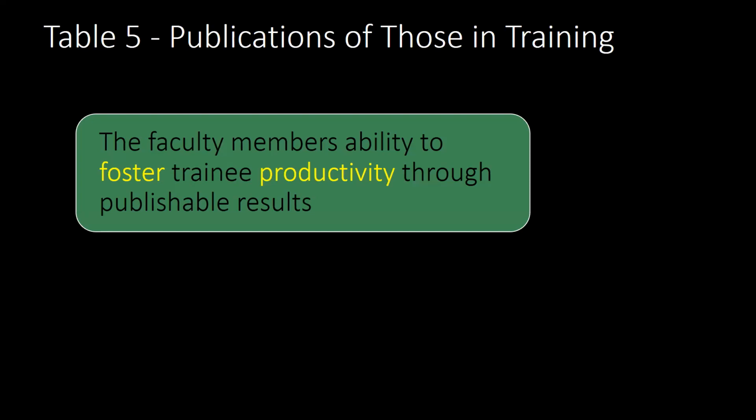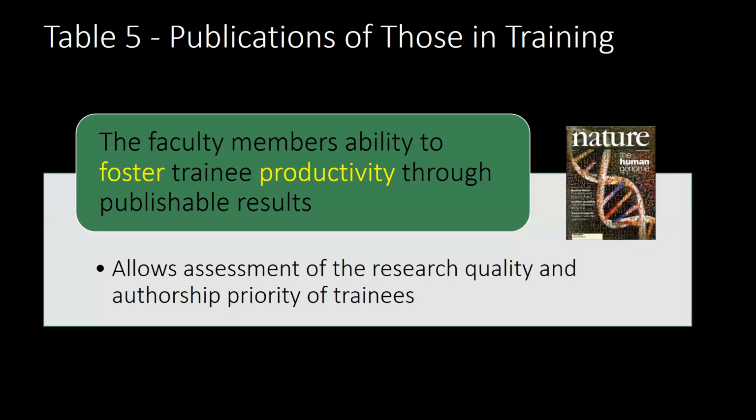The reason is they want to see the current faculty member's productivity for the trainee. Oh, so I thought it was the trainees? They do want to see that, but ultimately they want to see the productivity of their faculty member. It's kind of unfortunate, because then you're losing out on all those publications.